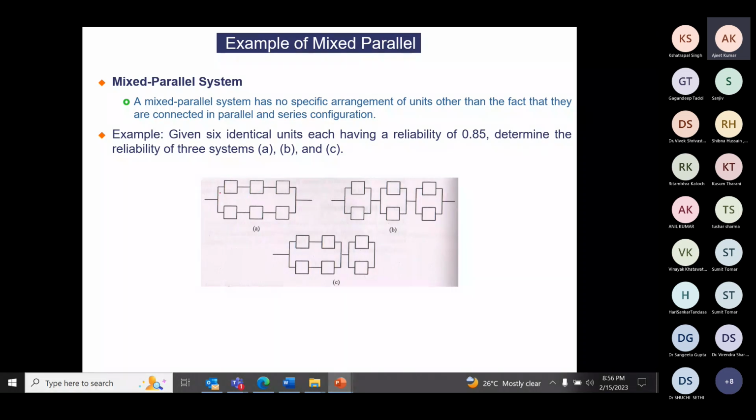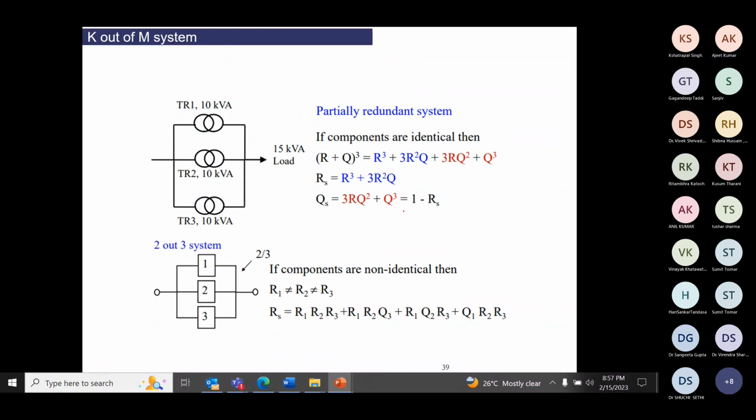You can first make a series. Here, 6 identical units, all having reliability of 0.85, and find this. Just to practice, I've already solved it. To save time, you can do the parallel-series. You can verify all the values and practice it. It will give you some confidence.